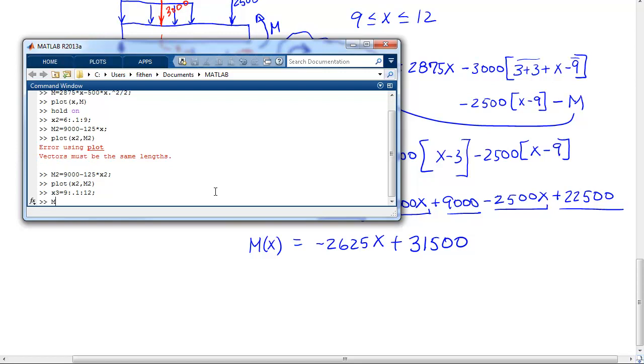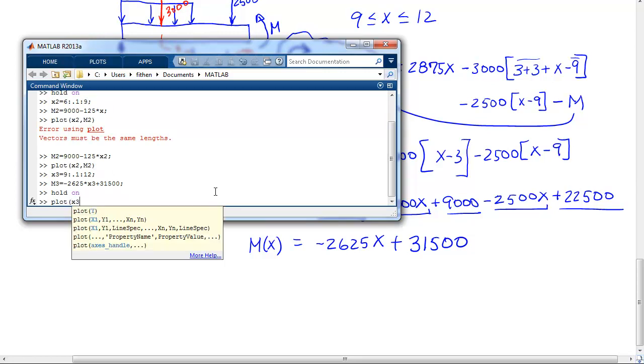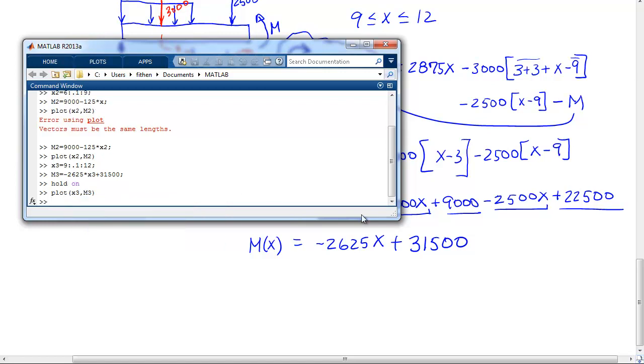And then moment 3, region 3, is equal to minus 2625 times x in region 3 plus 31,500. Hey, if I'm wrong, it's embarrassing, but you can't see me turn red. Okay, I still think the plot's held on. Plot x3, moment 3.